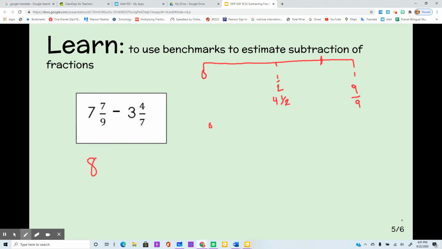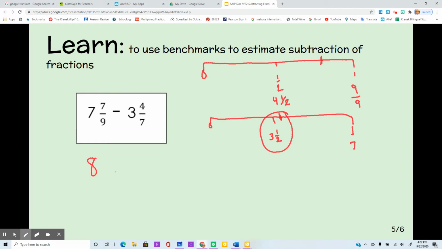If I draw my number line again, I have 0 and 1. And now we're looking at sevenths. So halfway to 7 is 3.5, and I have 4. So 4/7 would be right here. So I'm going to say 4/7 is closer to the half.